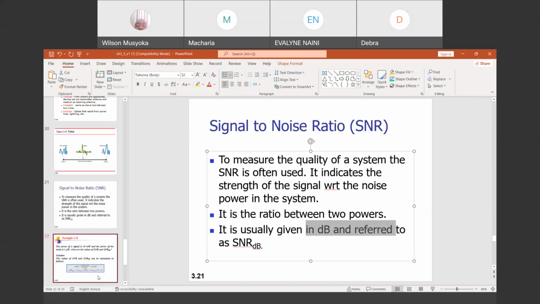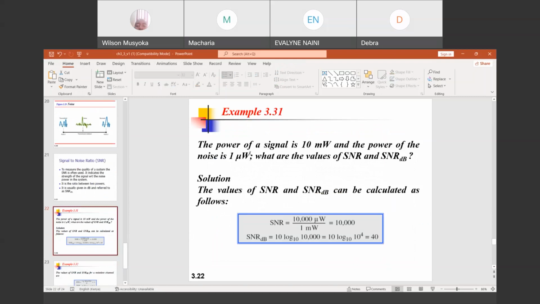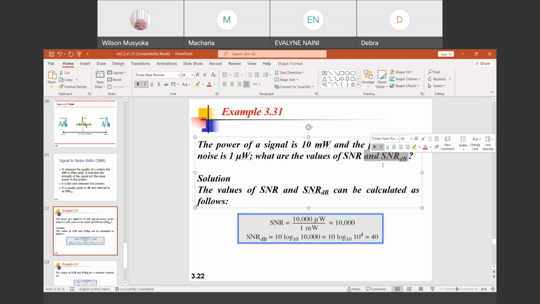So how do you calculate it? Here is an example. The power of a signal is 10 milliwatt, and the power of the noise is 1 microwatt. And then what are the values of SNR and SNR dB? So how do you get that?